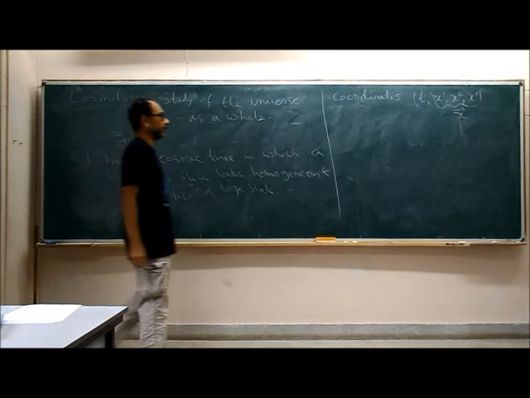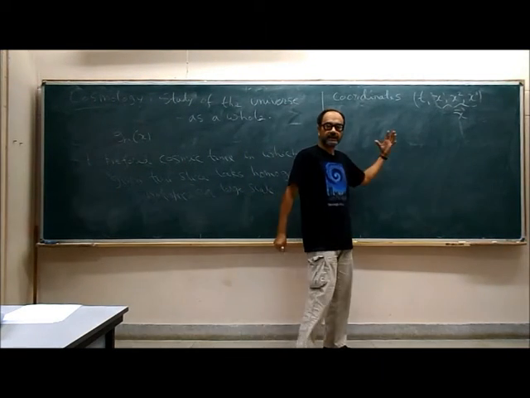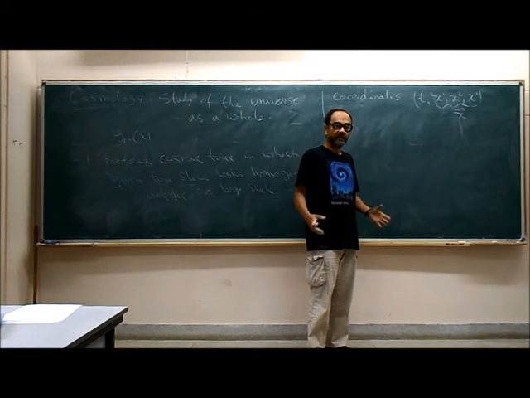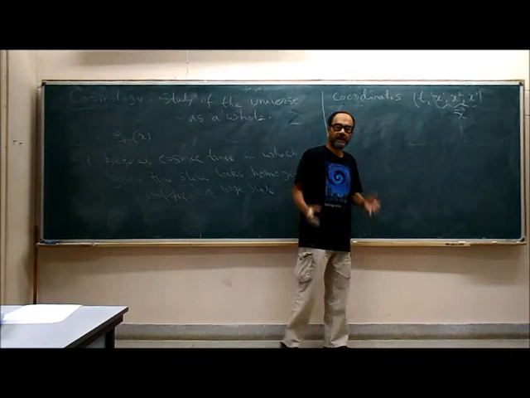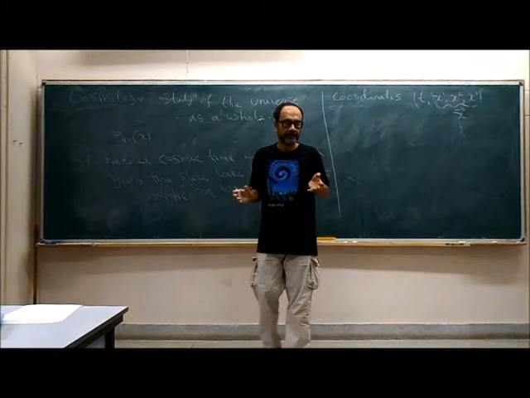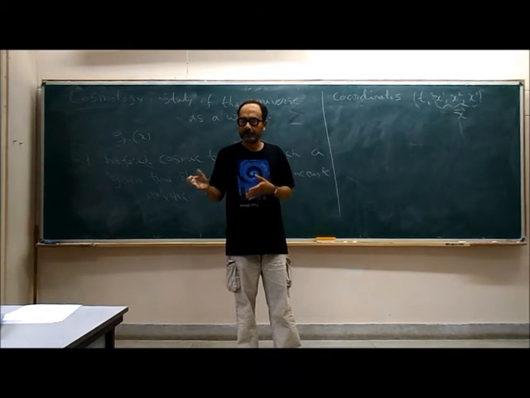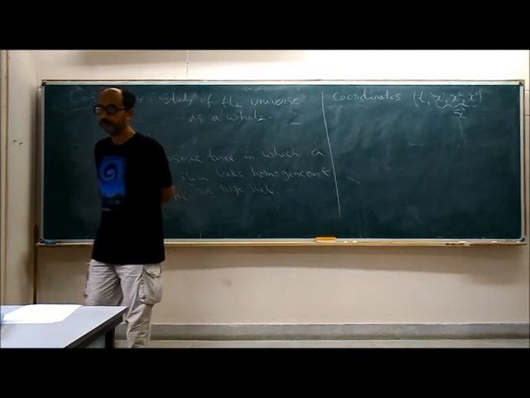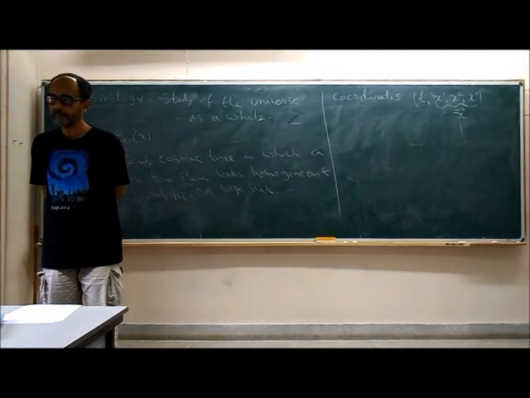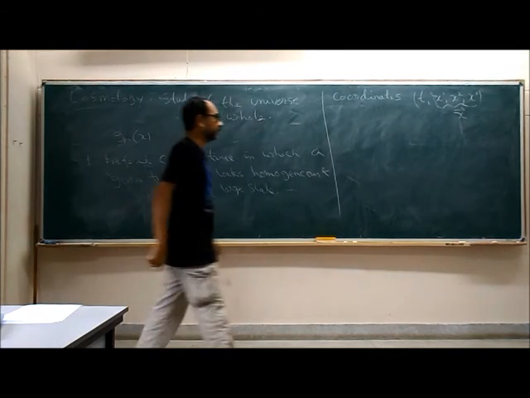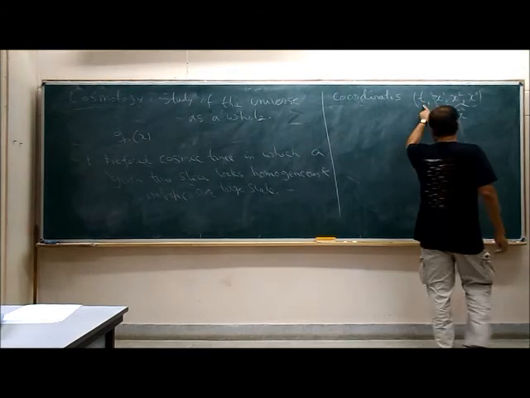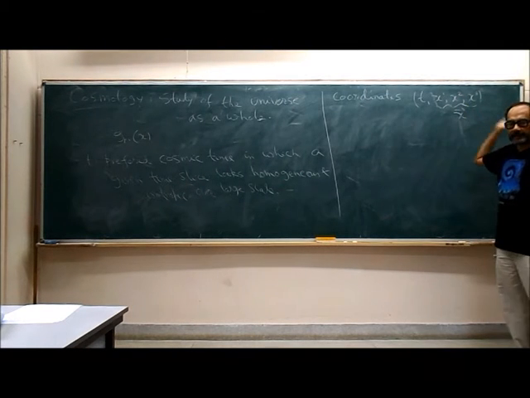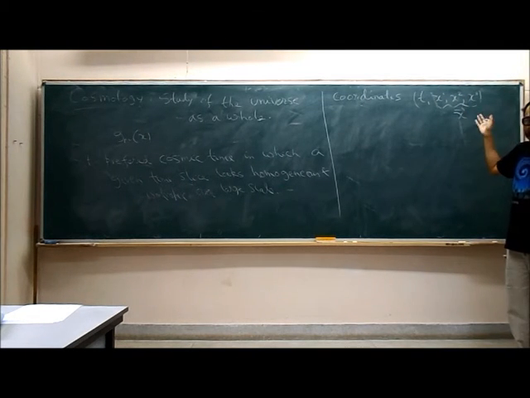So what we will do is we'll start by writing down the most general metric that we could write down, and then we will see how that metric is constrained by this notion of homogeneity and isotropy. Here the space coordinates can be arbitrary, and we are going to exploit that.